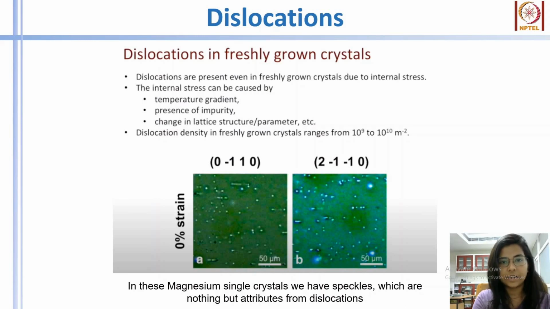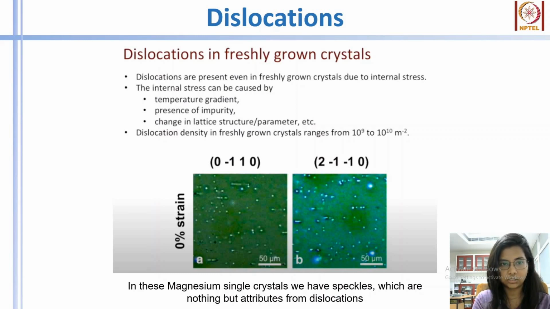So if we grow a crystal, a freshly grown crystal, will it have dislocations or will it not have? Means will it be defectful? What is seen is that even if we grow a single crystal freshly, still dislocations are present.